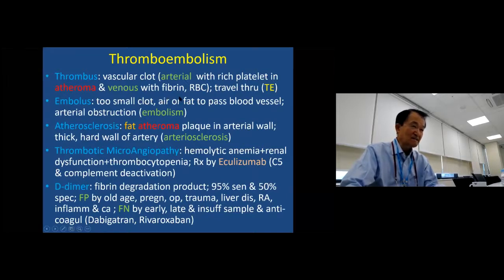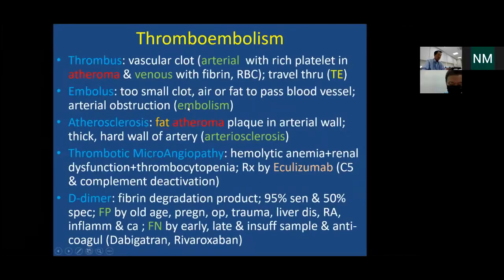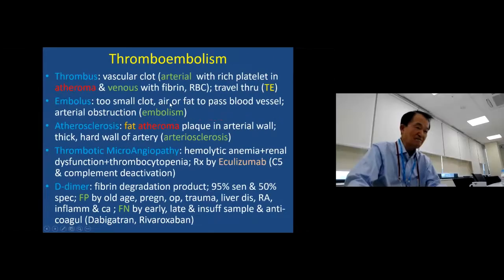And when the thrombus travels through, we call it emboli. An embolus is a small clot, but it could be a blood clot or air or fat that passes through the blood vessel. When a blood clot, air, or fat obstructs tiny vessels, it could be embolism.